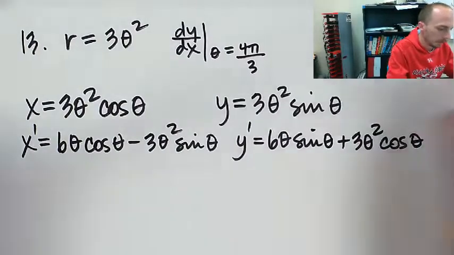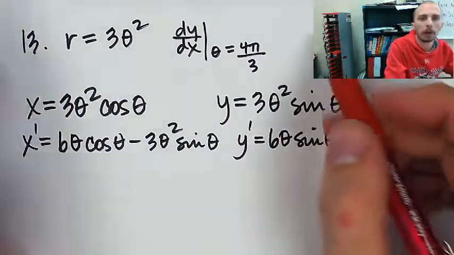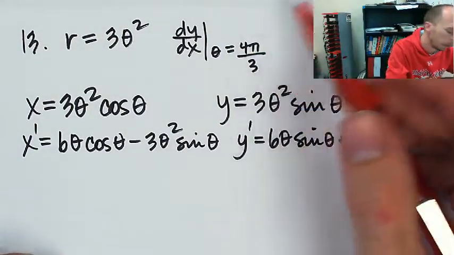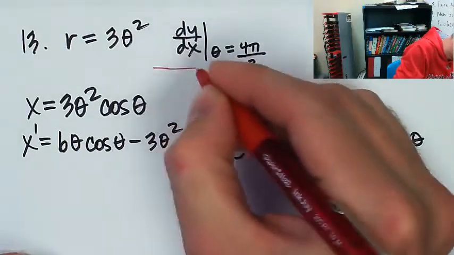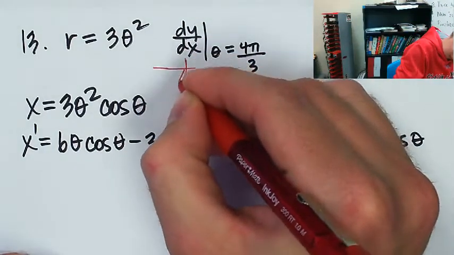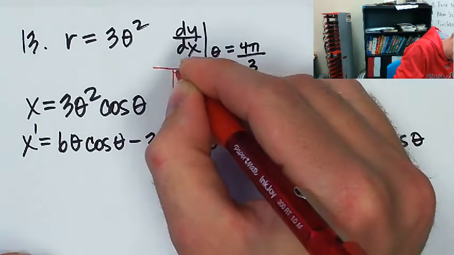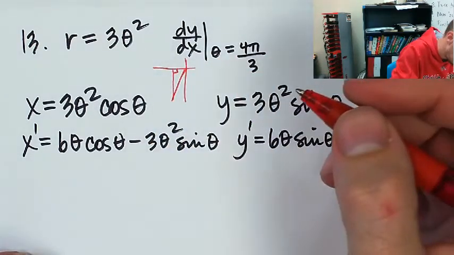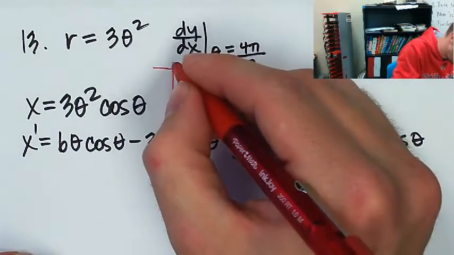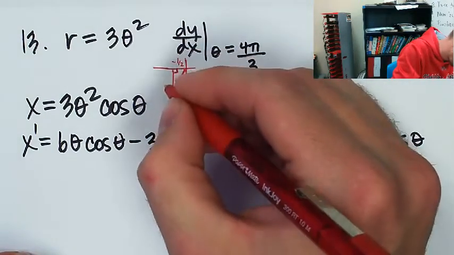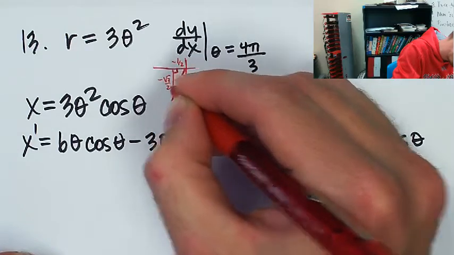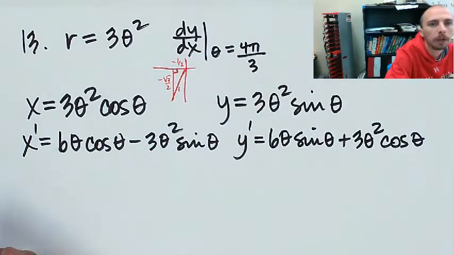But we might need to do a little bit of unit circle work. 4 pi over 3 is pi over 3 bigger than pi, and we know pi over 3 is that first 60-degree angle. So it's going to be down here, making a 30, 60, 90 triangle. Short leg is a half, long leg is root 3 over 2, hypotenuse is 1.